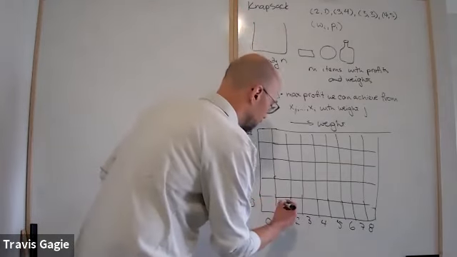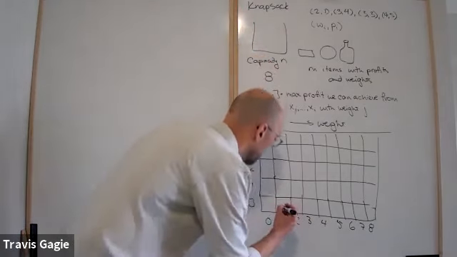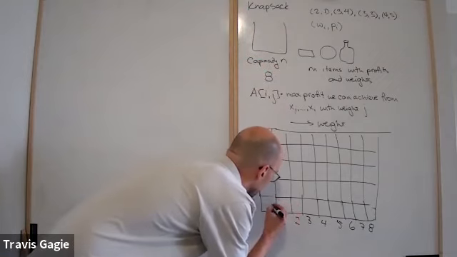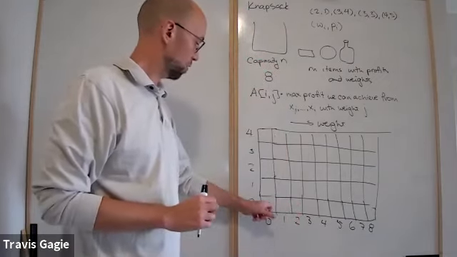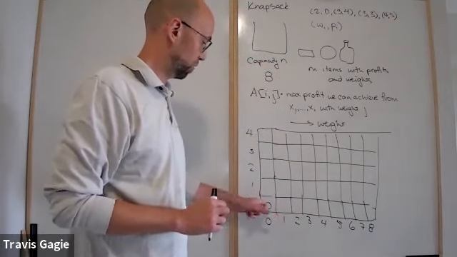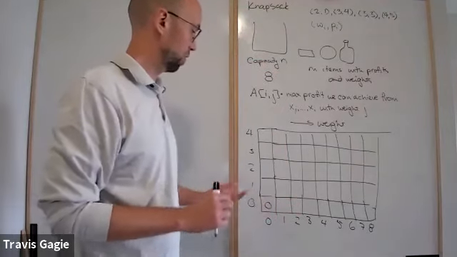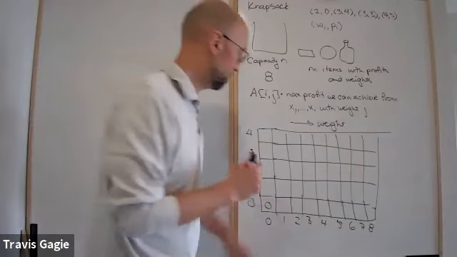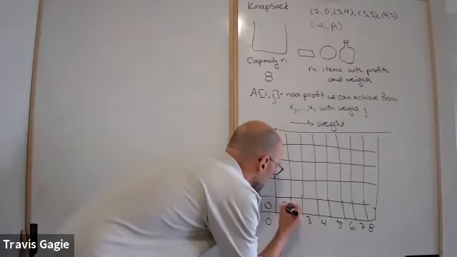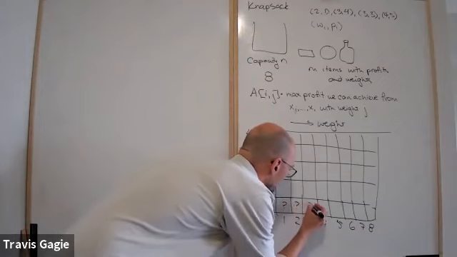So this is not defined. So we're going to say, with weight 0 and subset of size 0, we can get profit 0. This is not defined.